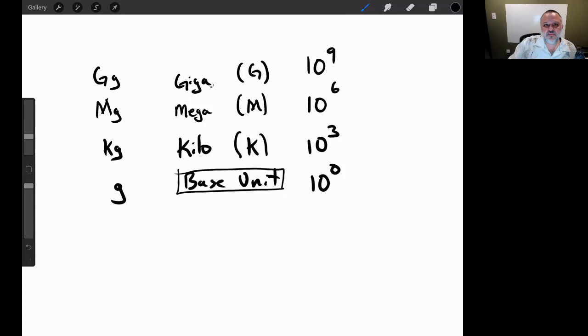Okay, so we went up. We got larger. So we went from 1 to 10 to the 3rd, which is 1,000, 10 to the 6th, which is 1,000,000, 10 to the 9th, which is 1,000,000,000. Let's go down. Notice that these go up in orders of 3, and we're going to do that down as well, except for the first one. 10 to the minus 2.